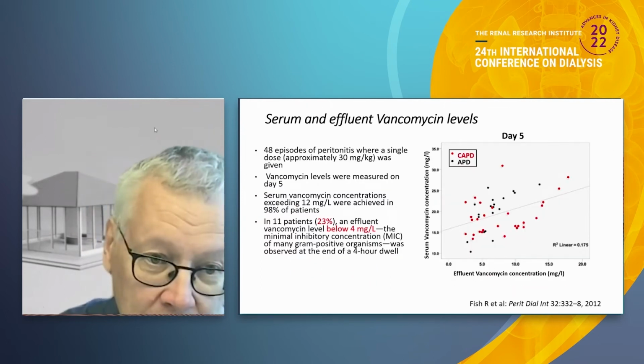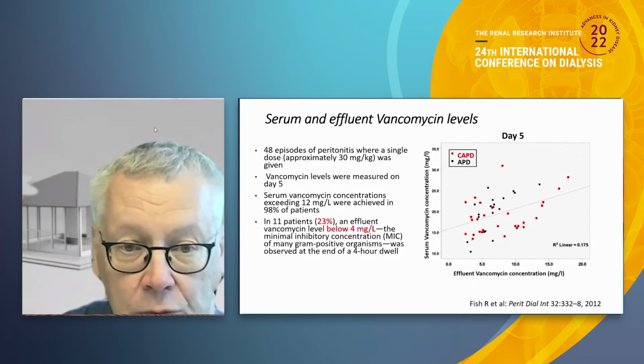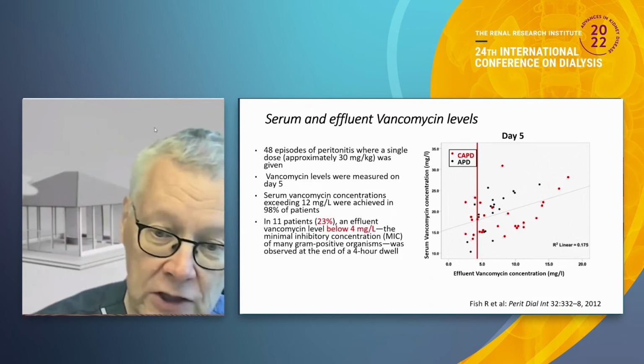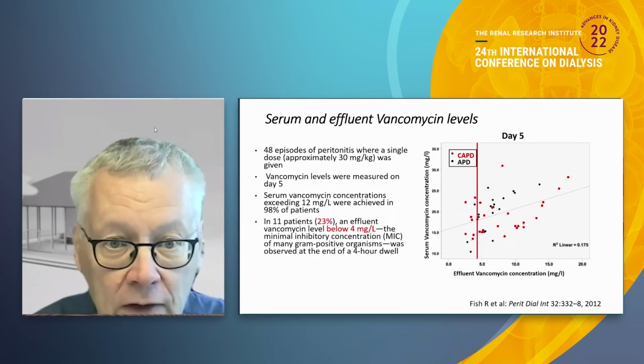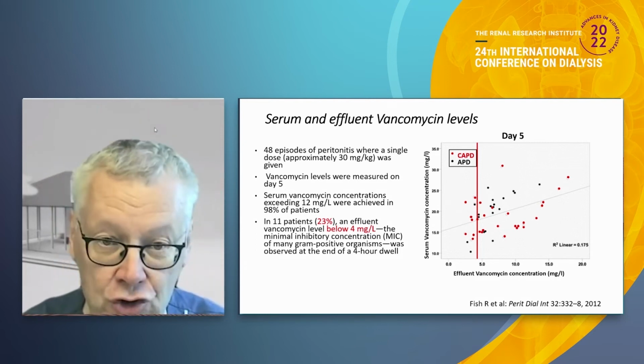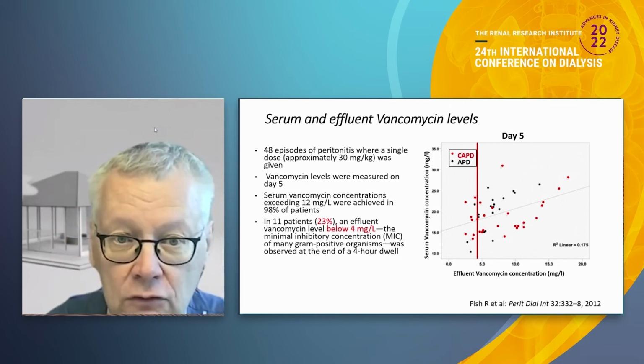In a separate study, they also looked at the dialysate level of vancomycin at day 5 before the next dose, and about 23% of the patients had insufficient vancomycin concentration before the next dose. So there is a risk of undertreatment if the patient has a good residual renal function and the dose of vancomycin is too low.